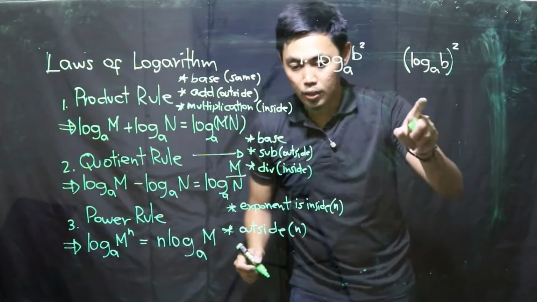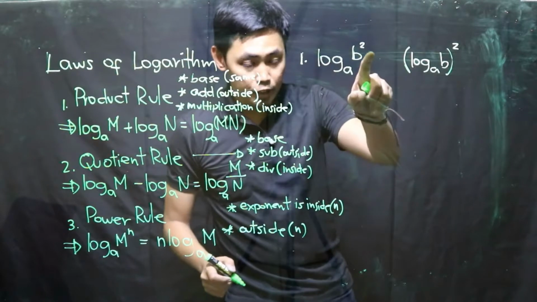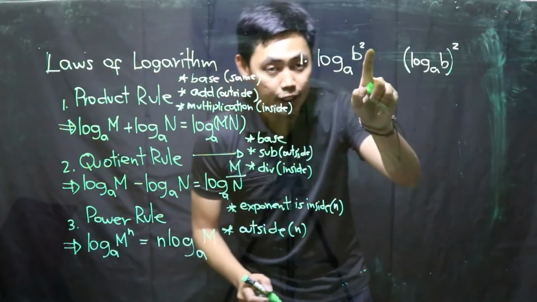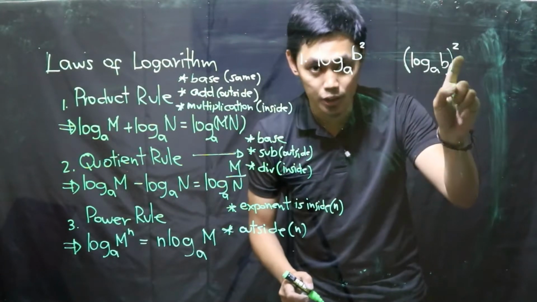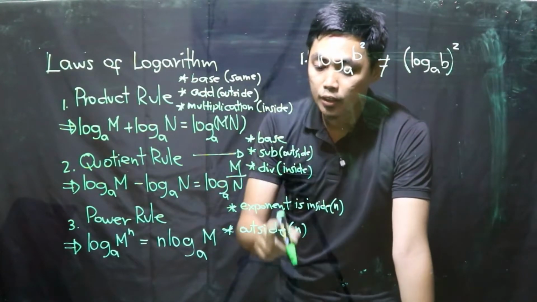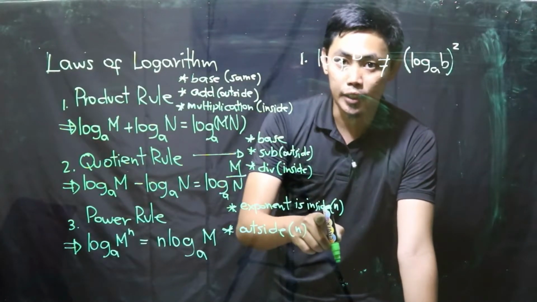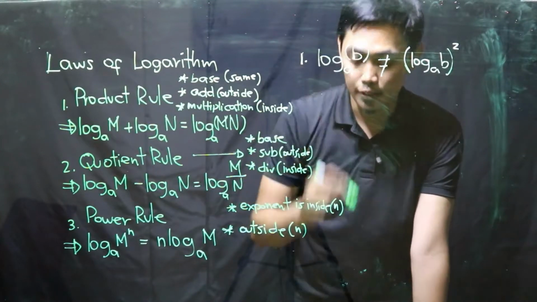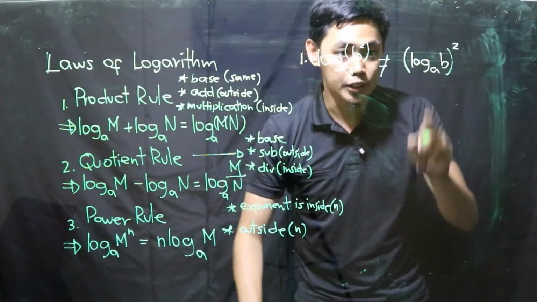Okay? So the exponent n is actually inside the logarithm. It's not outside. So these two are not equal. Alright? So the exponent is inside, so we can rewrite this that way. So it's not equal to this.